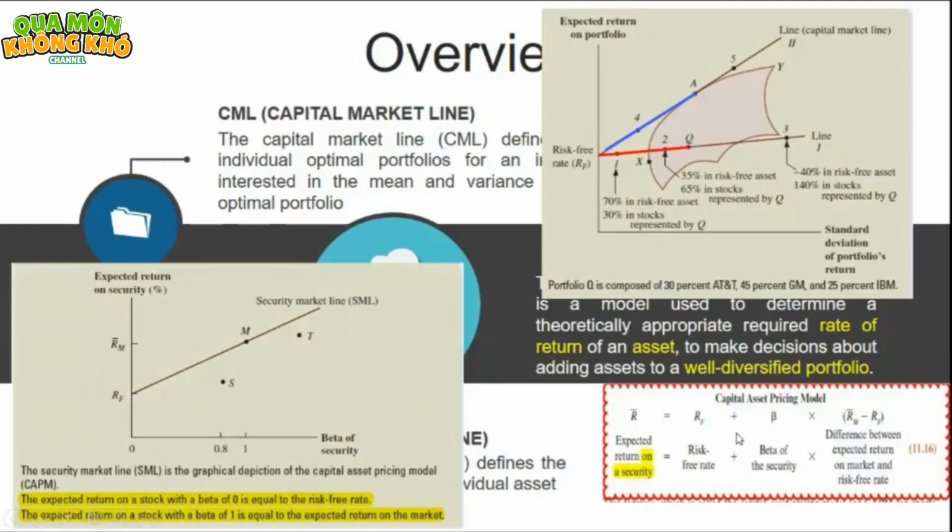When the beta of the security equals 0, the expected return will equal the risk-free rate, and as we already know, only the market has a beta equal to 1. So if the beta is equal to 1, the expected return on a stock will equal the expected return on the market.